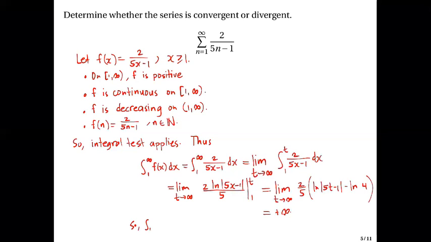Okay? So the improper integral from 1 to plus infinity of 2 over 5x minus 1 dx diverges. So the series from 1 up to plus infinity of 2 over 5n minus 1 also diverges.